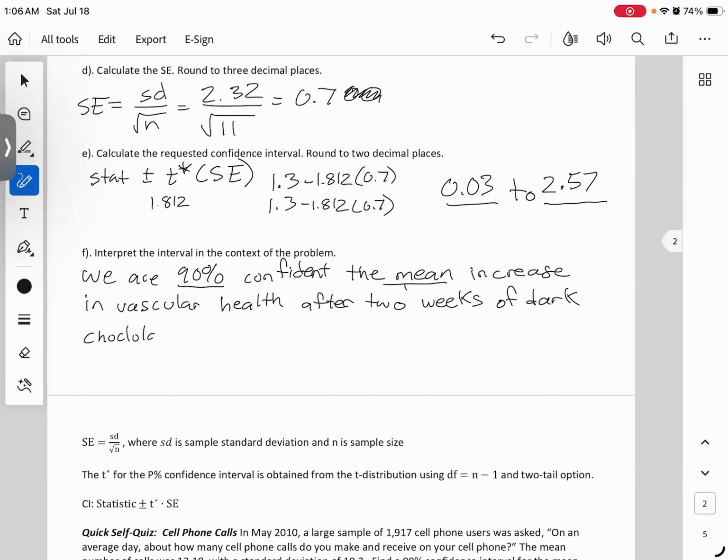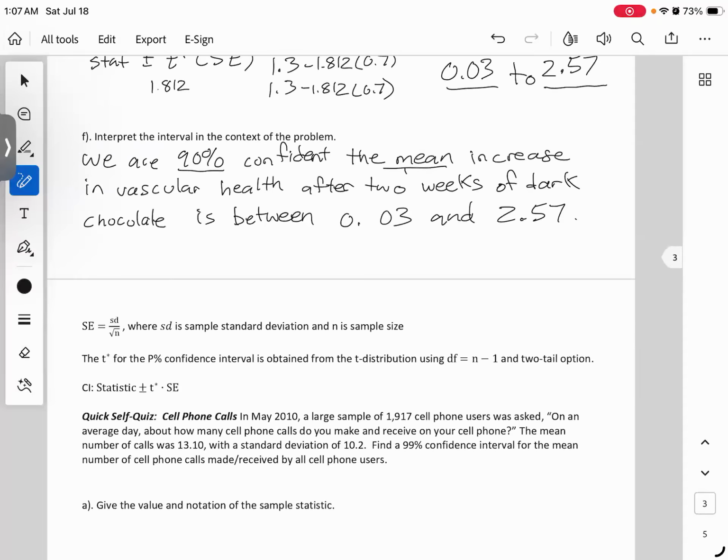But really just trying to lay out the context, 2 weeks of dark chocolate. And then the amount of increase is some number between 0.03 and 2.57. And that's it. Yeah, that's the t distribution.